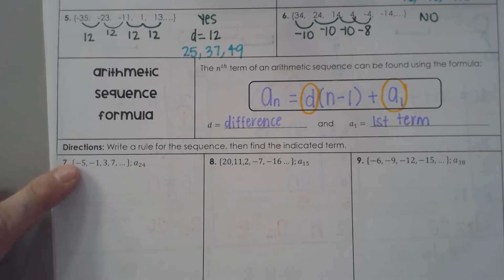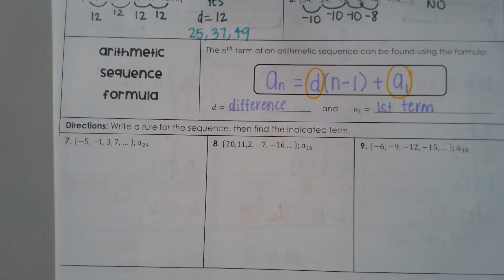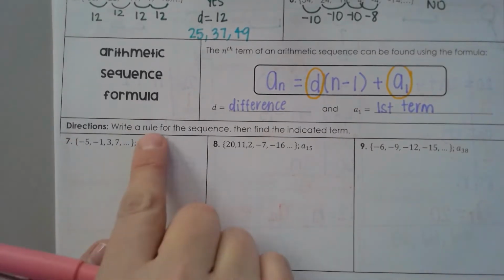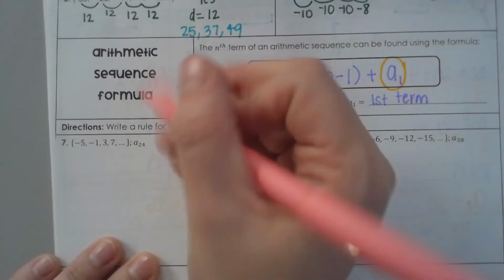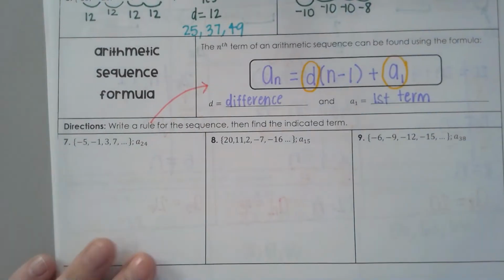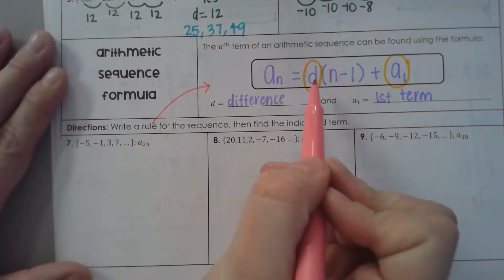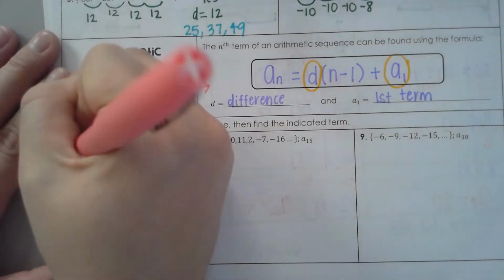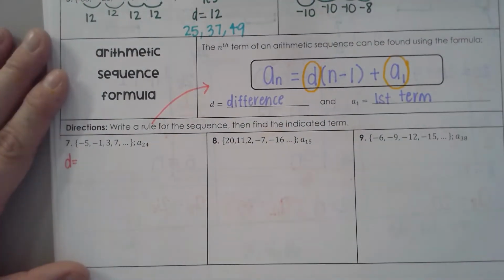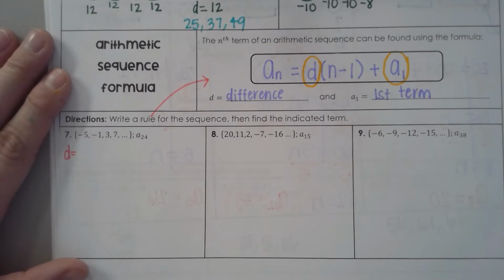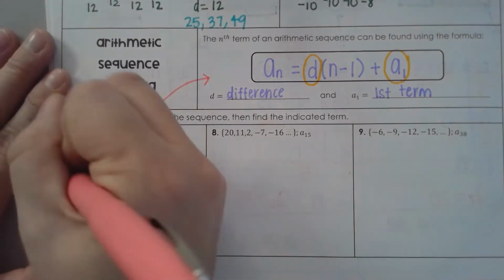So let's look at number 7. We're first going to write a rule, which is the formula. Sometimes you'll hear the word rule. So let's start there. I need to know my common difference, which is what? 4, because I'm adding 4.